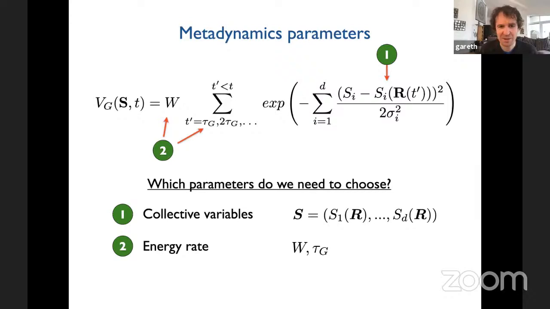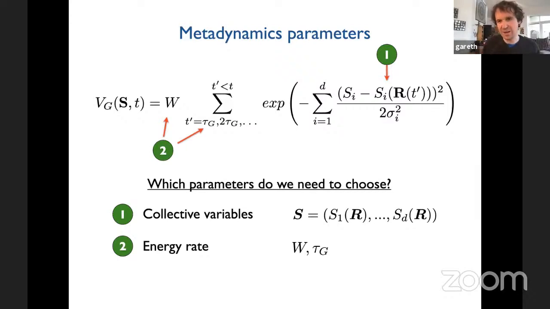Then your second parameter is a kind of energy rate. That's the speed at which you're modifying this history-dependent bias potential. And there are two parameters that control that in the original implementation of metadynamics. The first of these is the height of the Gaussians, that's the W. And the second is the frequency with which you add Gaussians. Obviously, what you want to do is add your Gaussians and provide sufficient time for the system to relax and accommodate itself.